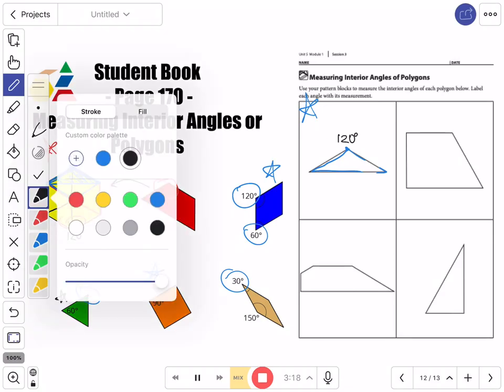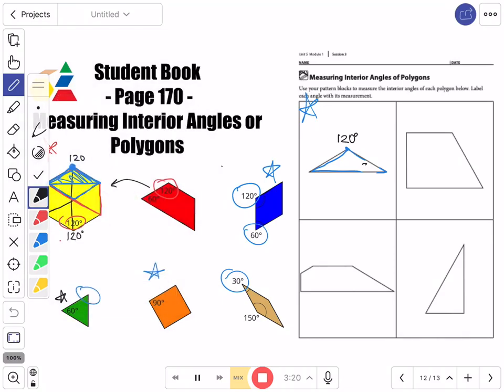If I'm already at 120, that means that I need 60 more, okay? Which means that the measurement of this angle is not 60, is it? No, no, no. What would be half of 60? It would be 30, right? So this one would be 30, and this one would be 30, because 120 degrees plus 30 degrees plus 30 degrees, that equals 180. And all triangles add up to 180, boys and girls, okay?